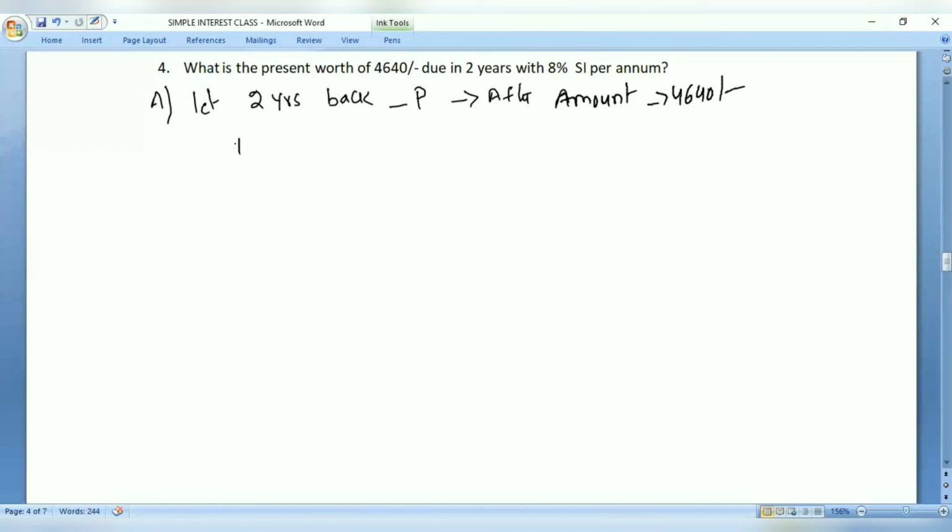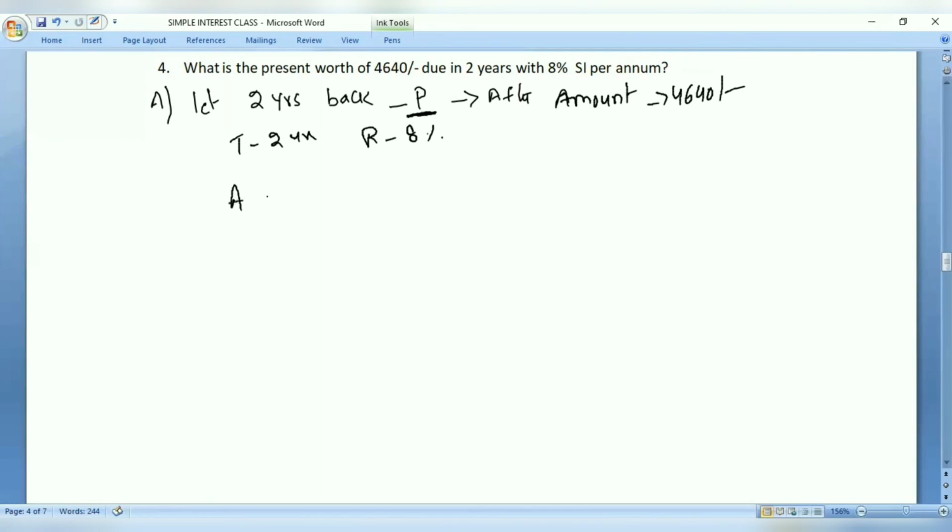The time period is 2 years, and the rate of interest is 8% simple interest. Now the question is, what is the value of this principal? Some principal, after adding the interest, amounts to 4,640 for 2 years with a rate of interest as 8%. Now we are supposed to calculate what is the principal.